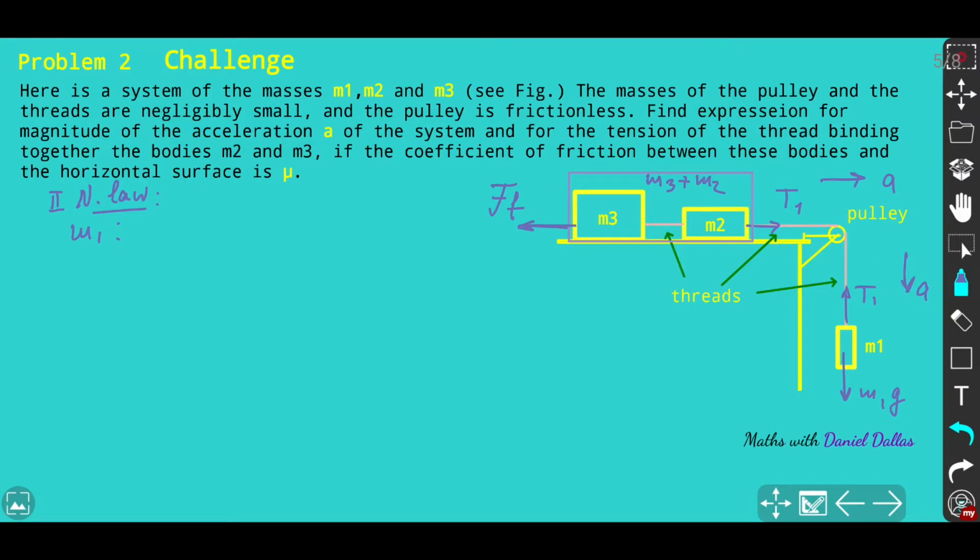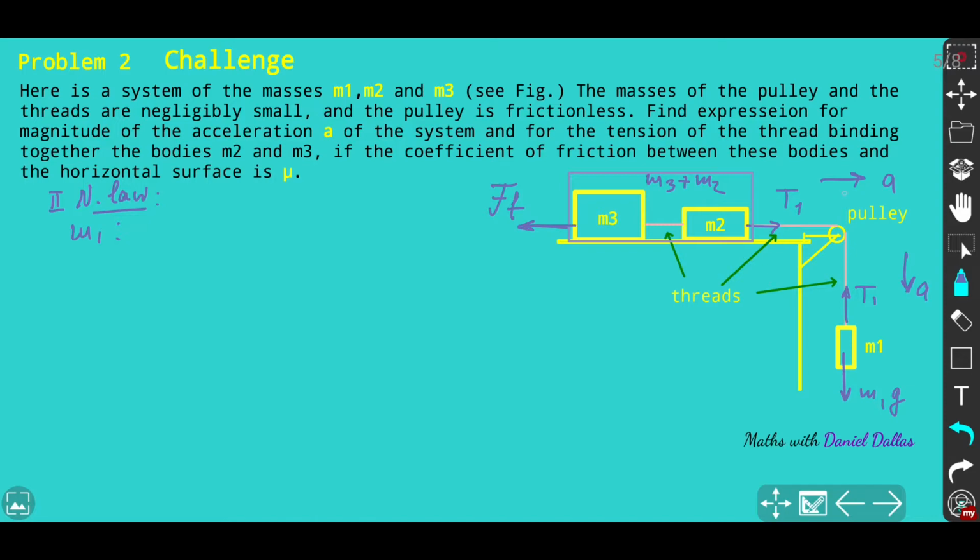And we understand that this string is inextensible and weightless. So we are going to consider that the whole object moves with the same acceleration at a given point of time. I mean, each part of this system is moving with the same acceleration in magnitude. However, acceleration in direction is going to be different, of course.